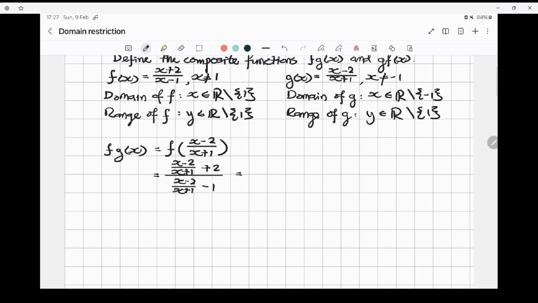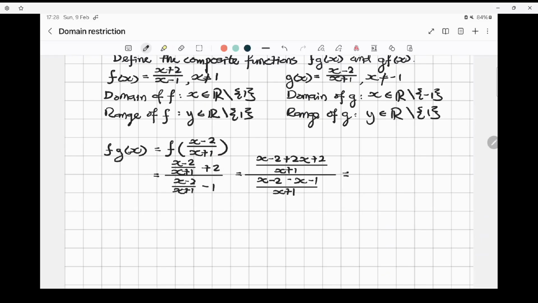I will multiply 2 with x plus 1, and at the bottom I will do the same thing. The x plus 1 term will get cancelled off.